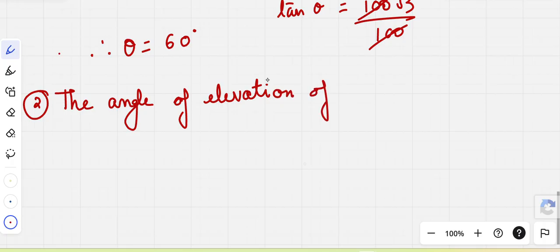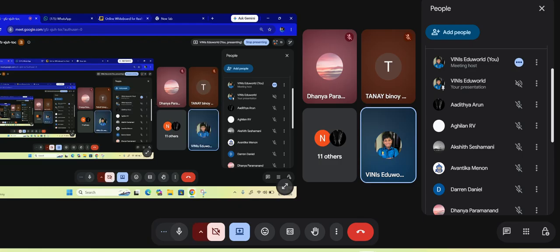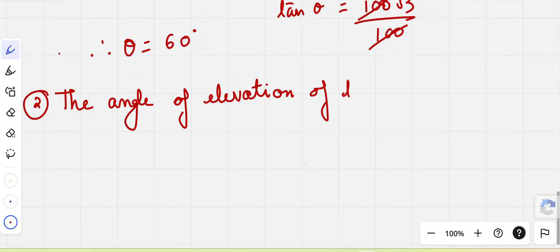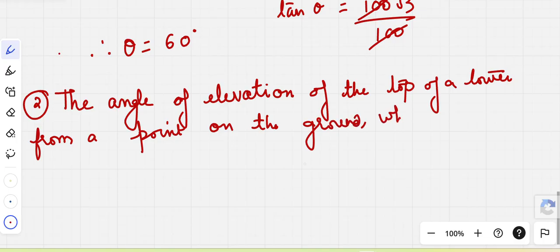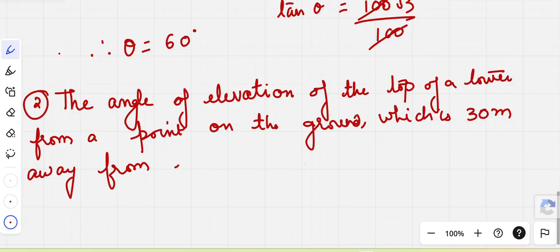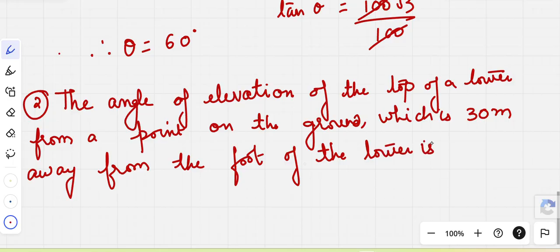The angle of elevation of the top of a tower from a point on the ground, which is 30 meters away from the foot of the tower, is 30 degree.